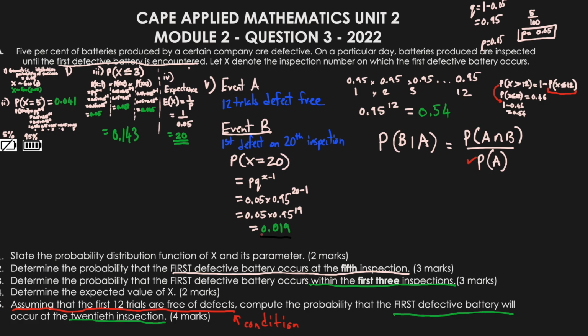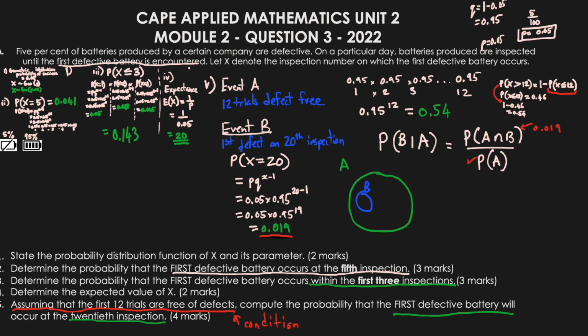In this situation, 0.019 would serve as this here. Why? It's already an intersection for what it is. Why is that the case? Because we're saying that the first defect occurs on the 20th inspection. This event B is a subset of event A. So if we had a pool of event A, inside of this we would have event B, which would represent the first defect on the 20th inspection.